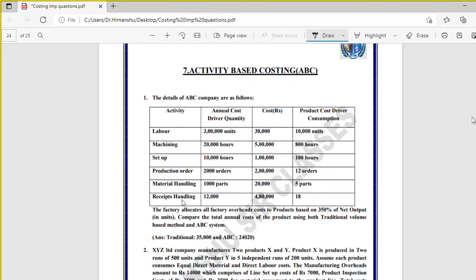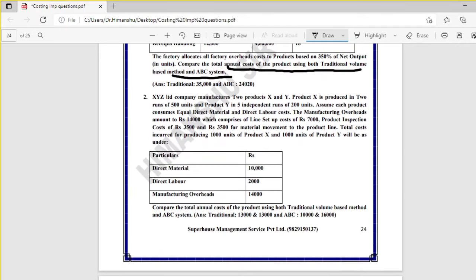I have to find out the total annual cost of the product using both traditional and ABC systems. So again, go for this one as well as this one, number 2, where you got direct material, direct labor and manufacturing overheads. Here also you have to calculate total cost using traditional and ABC system.